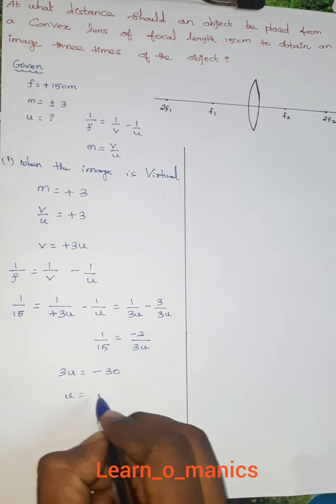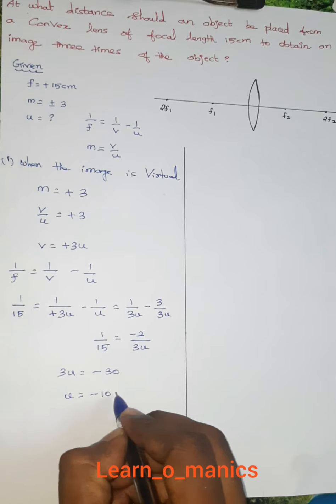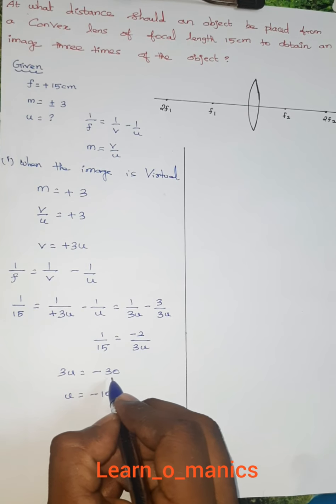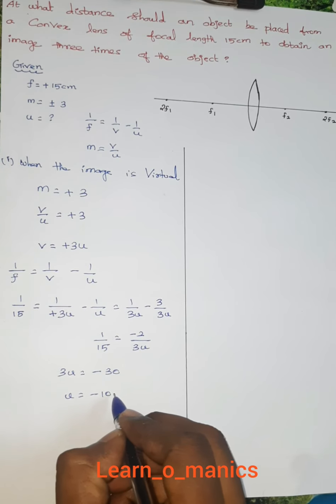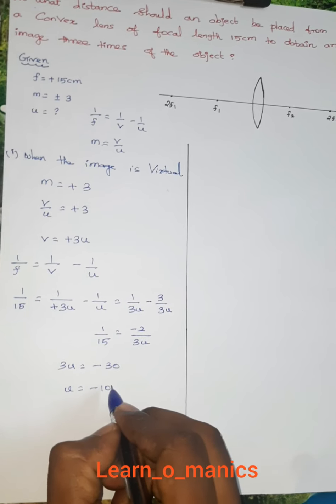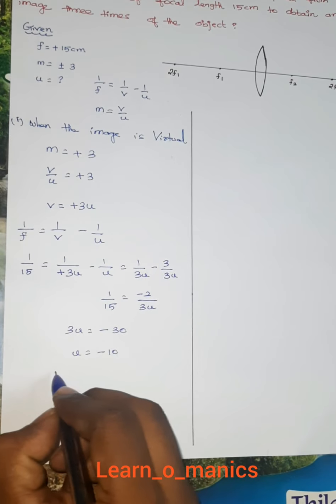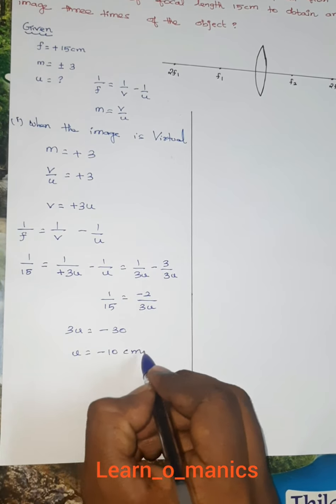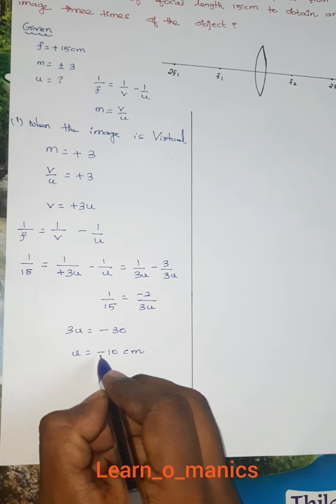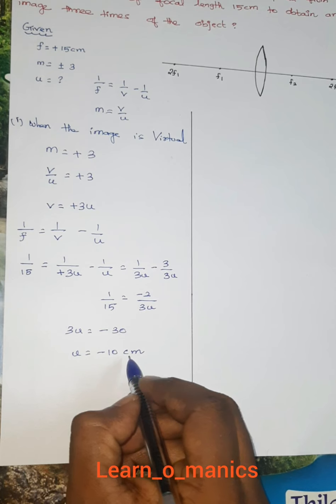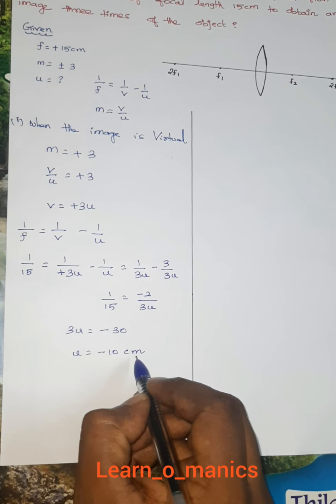Then u equals minus 10 centimeter. If I bring this 3 to the denominator and divide, we get 10. So u is minus 10 centimeters. Minus in the sense it is on the left hand side of the lens, 10 centimeter from the lens.